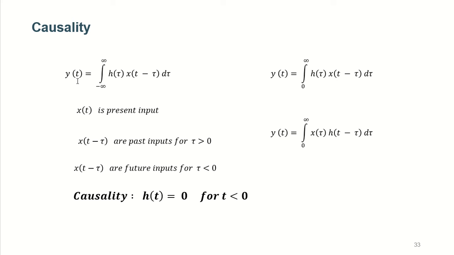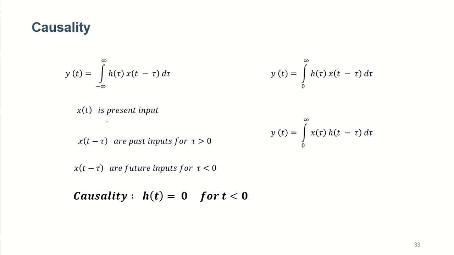So let's do a little bit of analysis here. Based on this formula, what can we say? For once, focus on this value, x of t minus tau. Now x of t is the present input, right? But what will happen in the case of x of t minus tau?